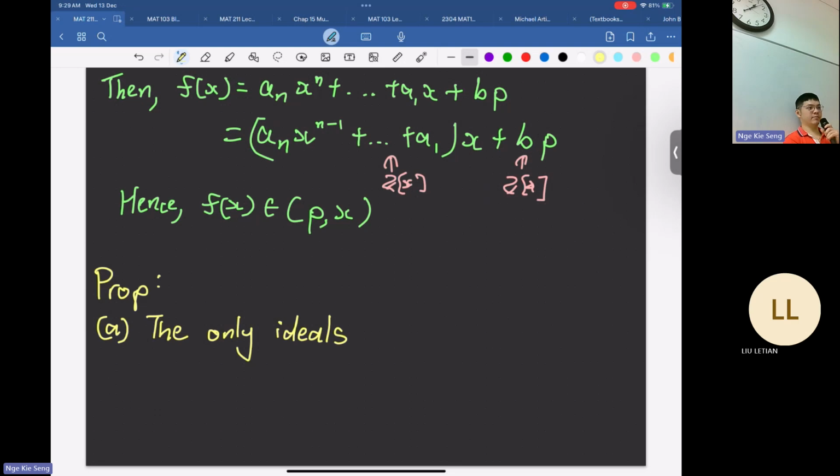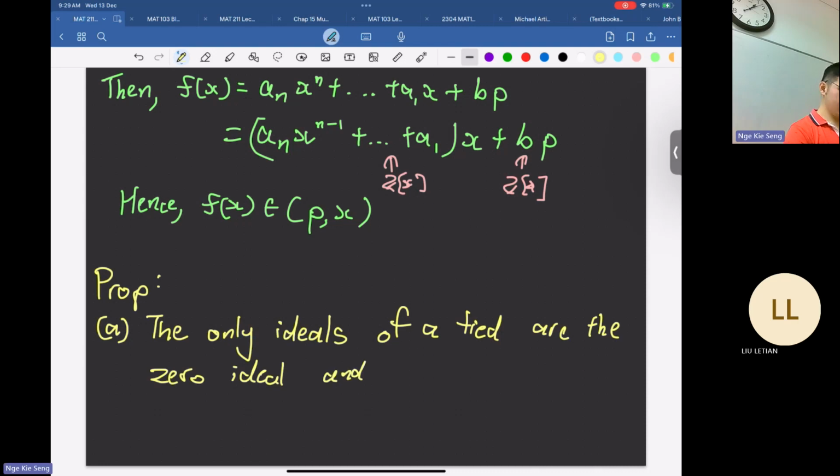Zero is not invertible, but all the non-zero ones should be invertible. So the only ideals of a field are the zero ideal and the unit ideal.